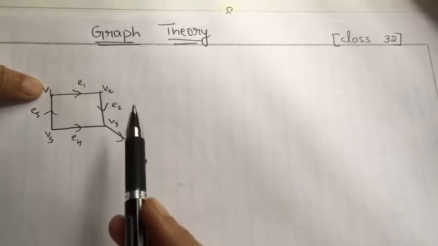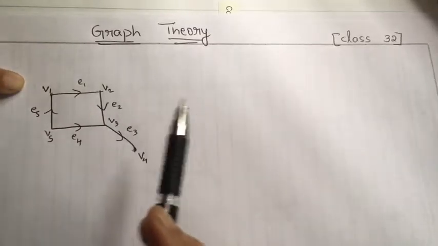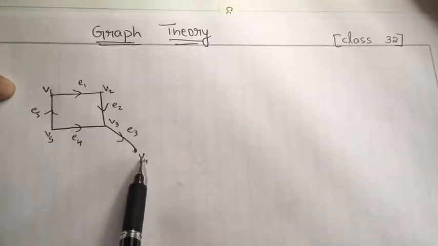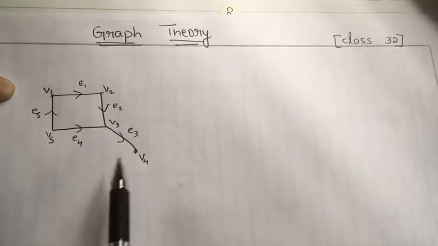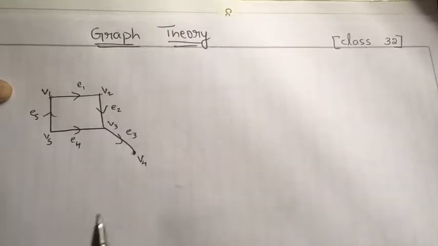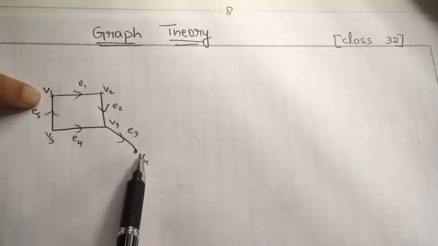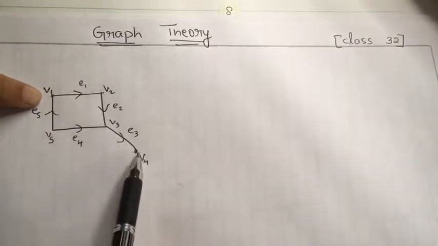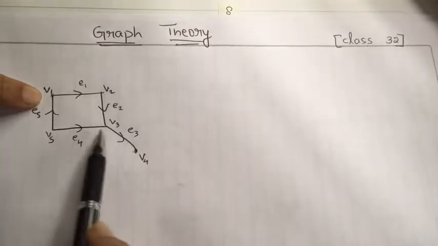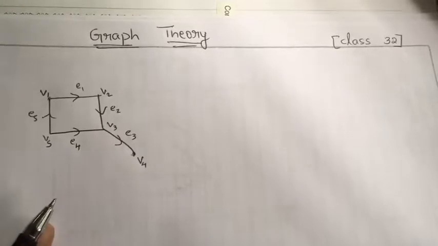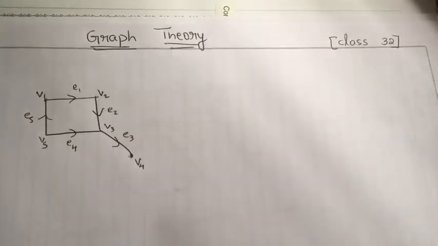But if I take a sequence of vertices and edges without any orientation like this, then it becomes a semi-path. So there is a distinction. With the orientation, if I am going, then it is a directed path. Without any orientation, it is a semi-path. So the word path in a digraph could mean either a directed path or a semi-path.